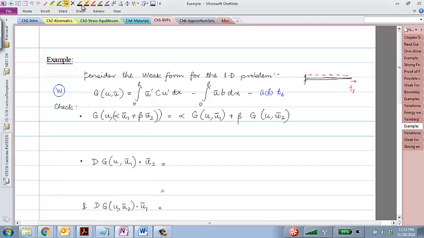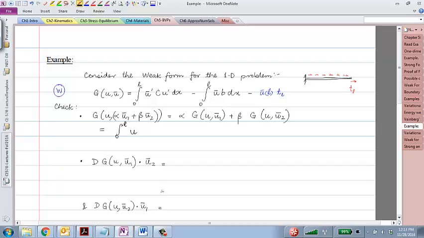Let's do that. If I substitute alpha U1 bar plus beta U2 bar wherever I have U bar, we'll get this expression.